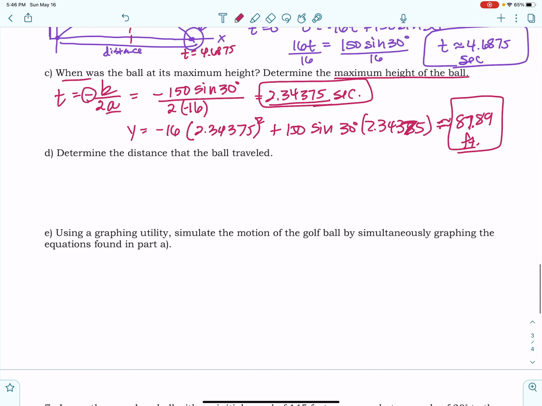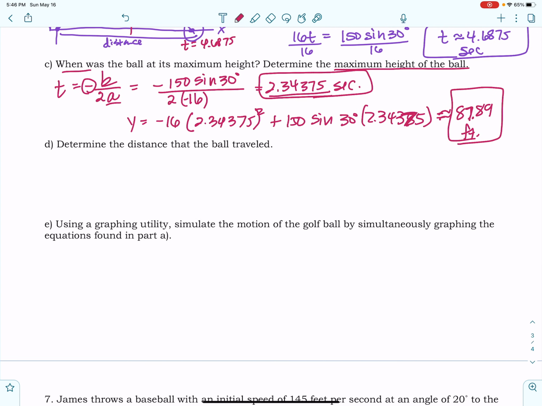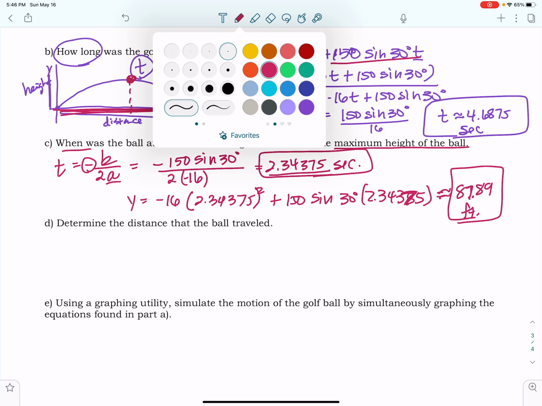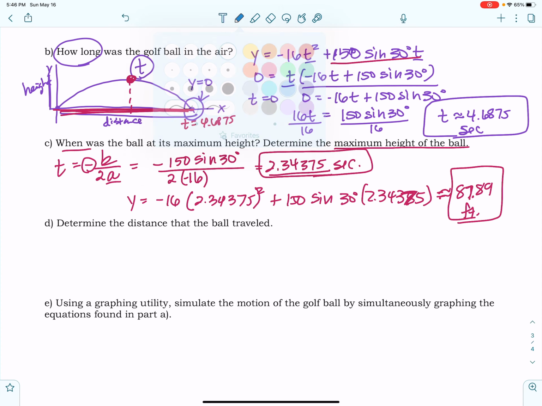Okay, part D, determine the distance that the ball traveled. So now I want to know this value along the x-axis. So now I want to find what x is when t is at 4.6875. I know how long the ball was in the air, but what distance did it cover during that time?